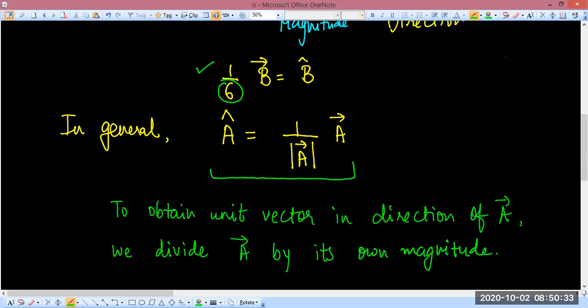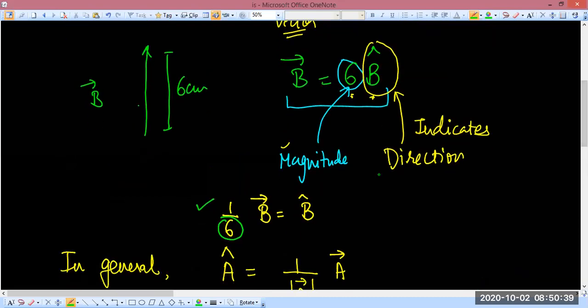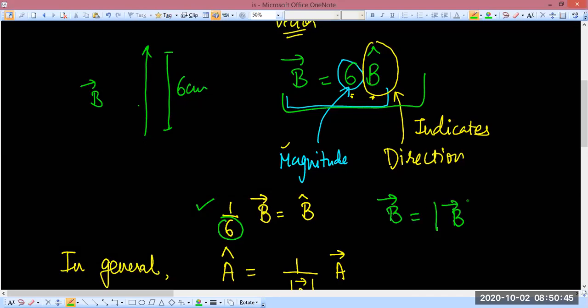Yes, Ankita, you are right about that. Joy, again, have a look at this. See, if you go back to this equation, it is actually that 6 is the magnitude, isn't it? So symbol of magnitude is this, right?